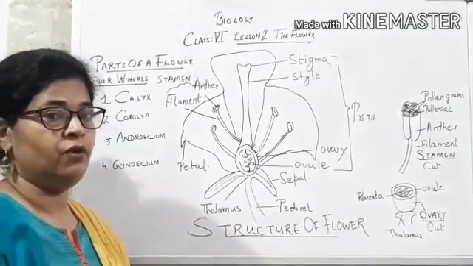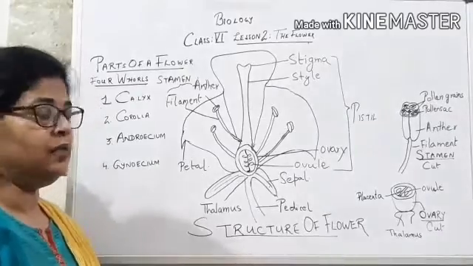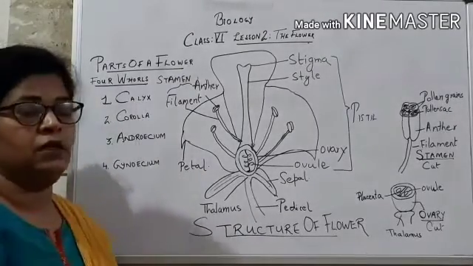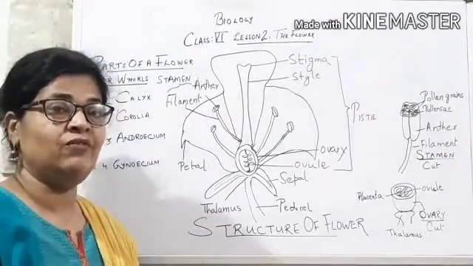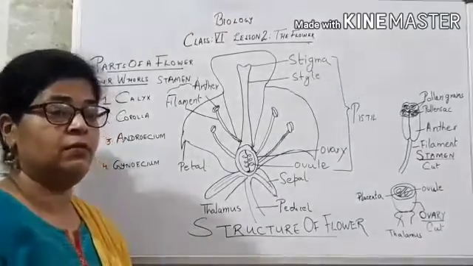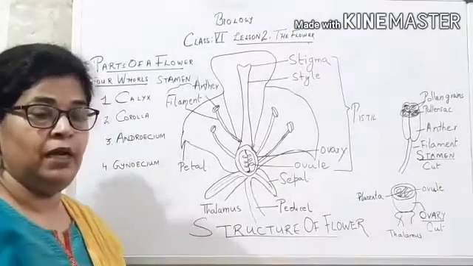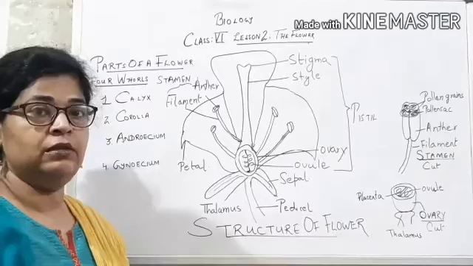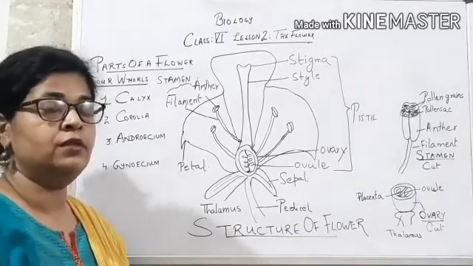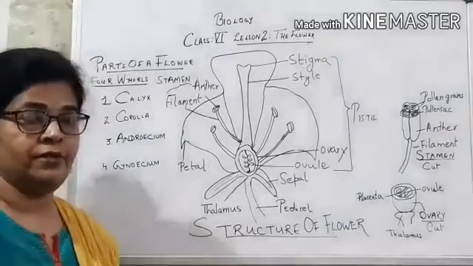Now all these 4 whorls are divided into 2 parts. The first 2 parts are called accessory whorls. Just as you wear earrings, bangles, belt, tie, all these are accessories which complement the main dress.